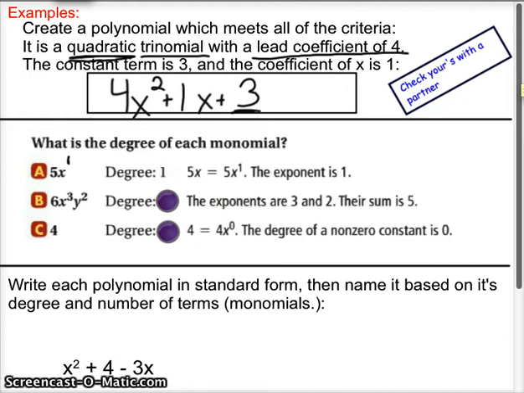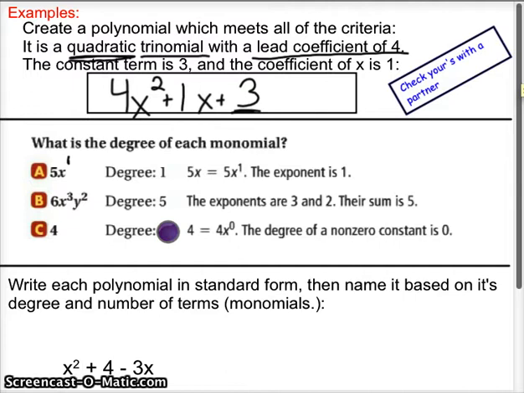Now, what if there's more than one variable? What if I have a 6x cubed y squared? Well, now, total, the exponents add up to 5. So the degree of this monomial is actually 5. It's the sum of those exponents that you see, okay?